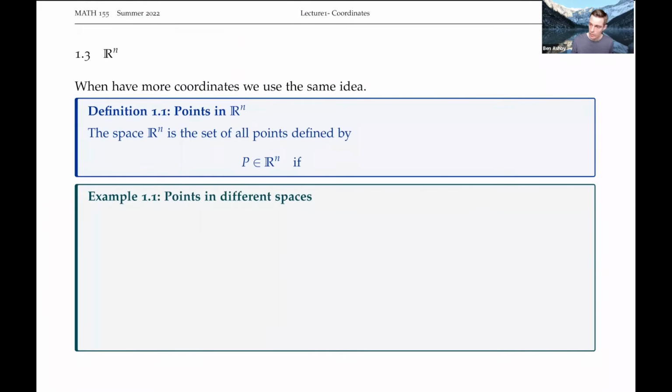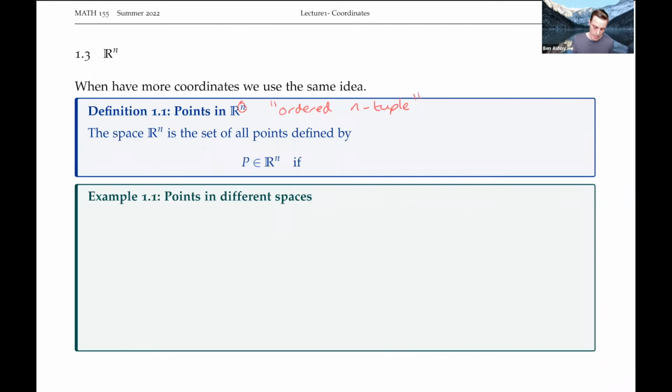So I mentioned that we can have more than 3 dimensions. In general, mathematically, we can have any number of dimensions we want. And if we have Rn, then we say that points in Rn, where n is any positive integer, give us an ordered n-tuple. So n-tuple is just the generalization of going from a pair to a triplet to 4 ordered things and so on.